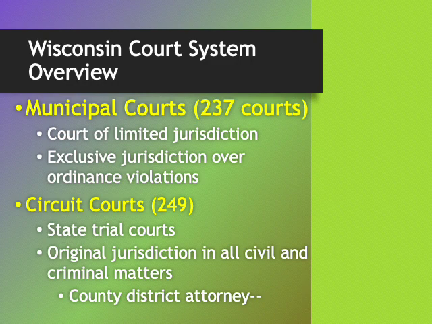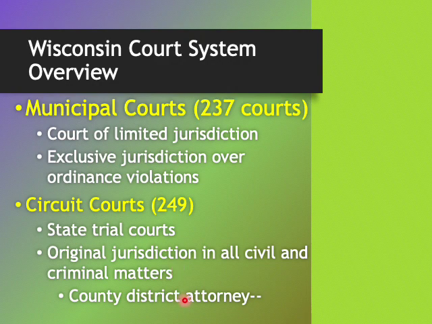The state trial court: if you're being tried for violating Wisconsin state criminal law, you're going to be tried in what's known as the circuit courts. And this is where you're going to go and do your court report, okay? The circuit courts have original jurisdiction in all civil and criminal matters within the state of Wisconsin.